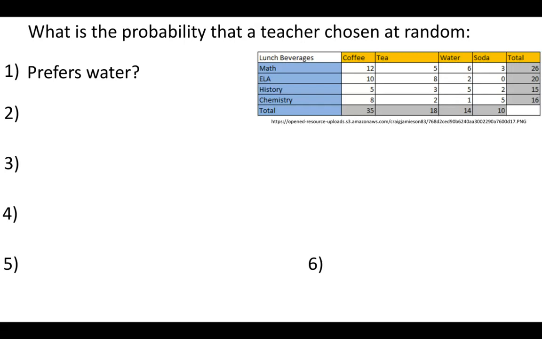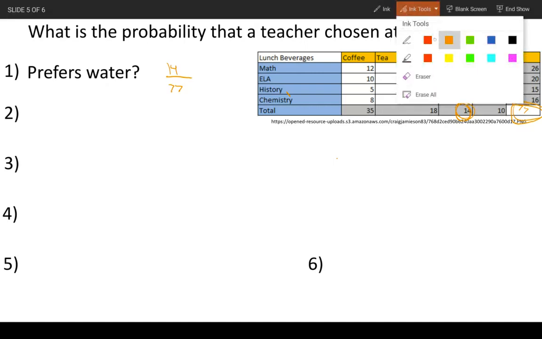So water drinkers, the total number of water drinkers of all teachers is 14, over the total amount. Now this one is actually empty, so I need to fill that in. To get that, we could just add either down or across. Both directions would give us the right answer. So when we add those, we get 77. 77 total. So of the 77 teachers surveyed, 14 preferred water.